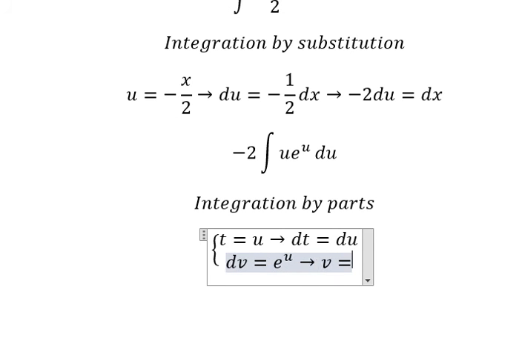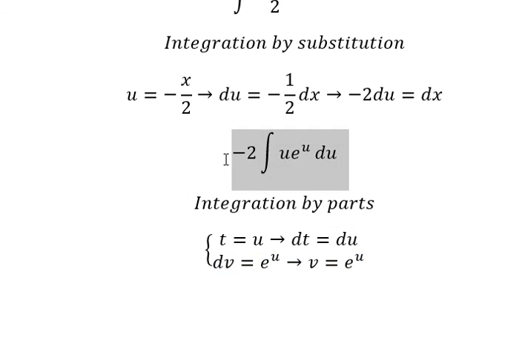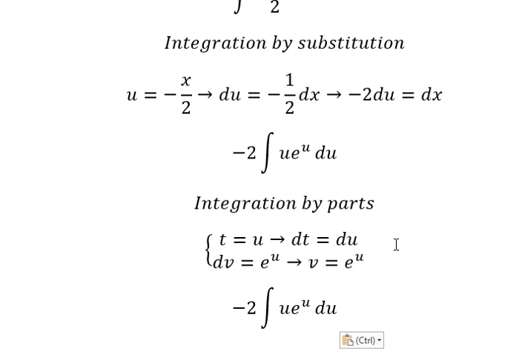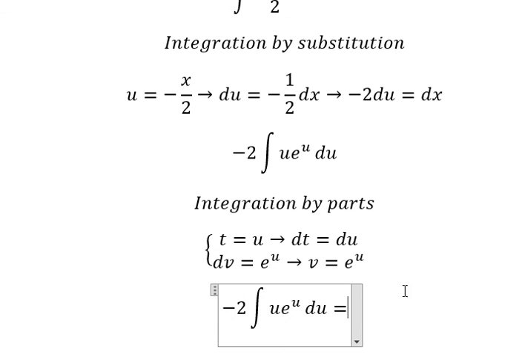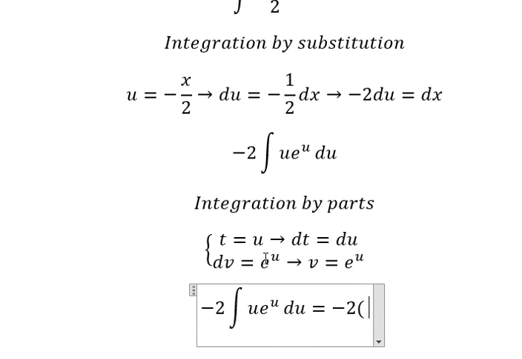So we have v equals e to the power of u. The integration of e to the power of u, you got e to the power of u. Because we still have negative number 2, so we will keep negative number 2 in here.